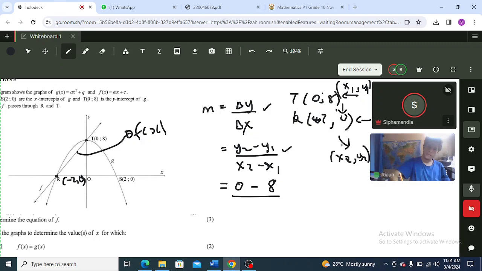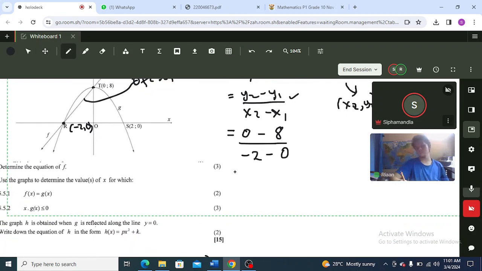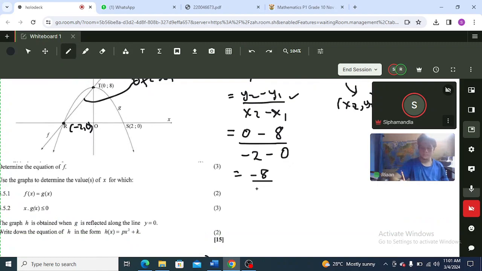Now you go back to your x2, which is -2. So that is -2 minus my x1, which is 0. That is -8 over -2, which is the correct answer that you got. Do you see the way I'm writing this?